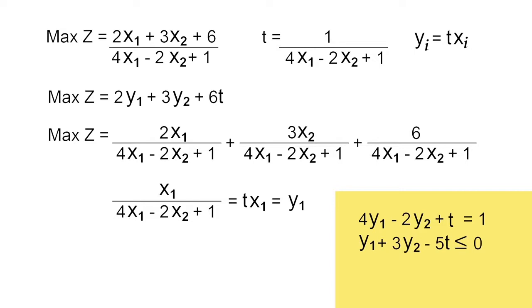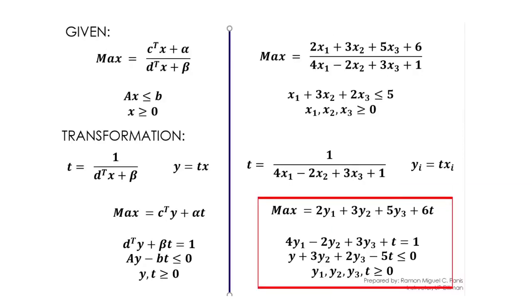So with our transformation, our LP formulation will be transformed into a linear problem: max is equal to 2y sub 1 plus 3y sub 2 plus 6t, given the constraints 4y sub 1 minus 2y sub 2 plus t is equal to 1, and y1 plus 3y2 minus 5t is less than or equal to 0, with y sub 1, y sub 2, and t all greater than or equal to 0.